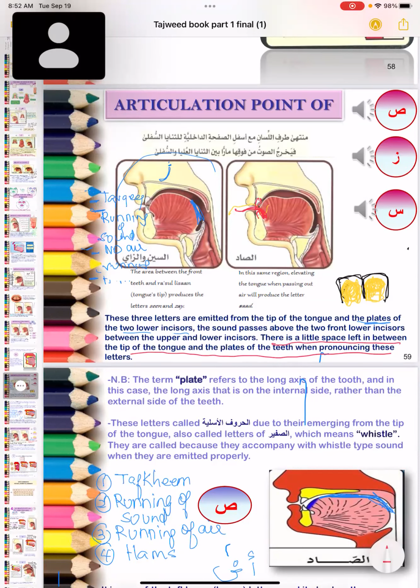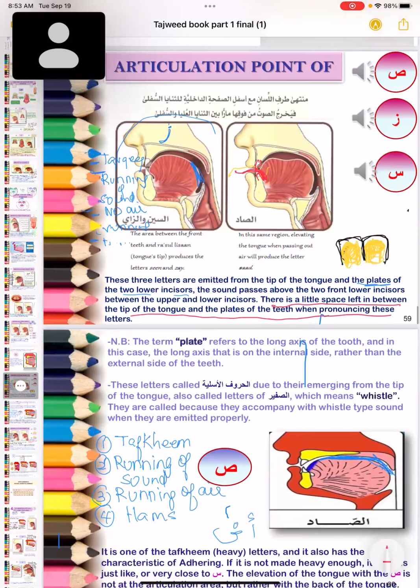And that's the reason why you get this distinct quality, this distinct sifat. This distinct sifat is called the sifat of Safir, and collectively it's called Safir, and it means the hissing, the whistling, the buzzing of these three letters.